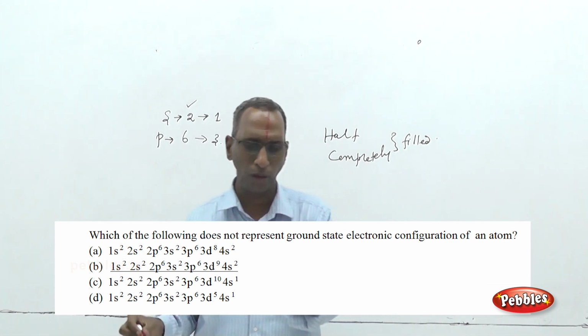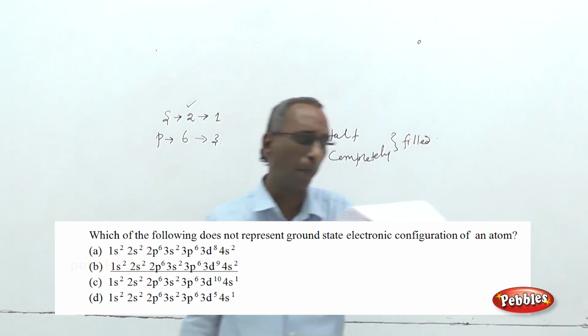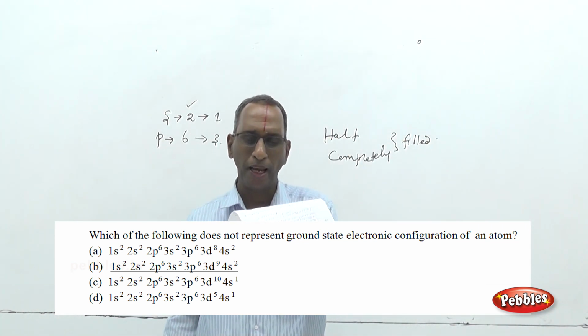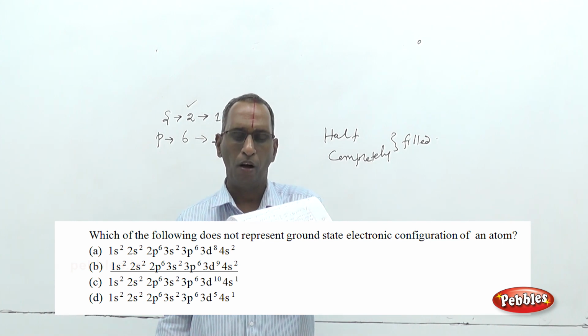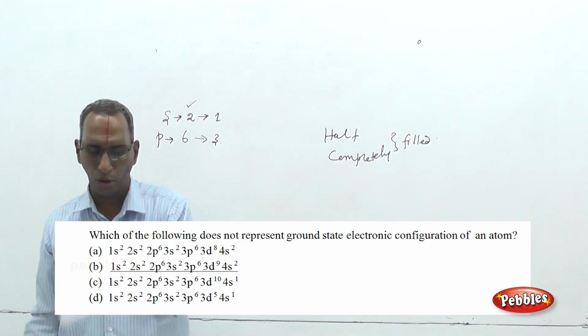Here the question is: which of the following does not represent the ground state electronic configuration of an atom? There are 4 choices. Only the outermost configuration matters.